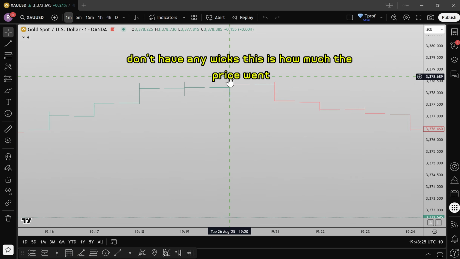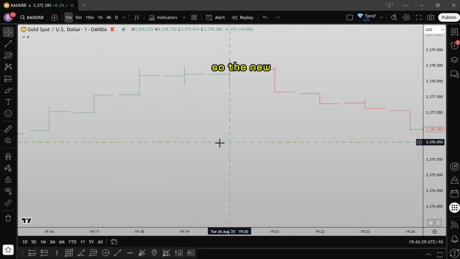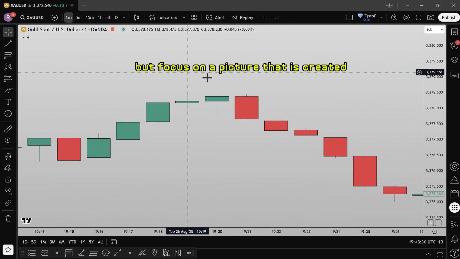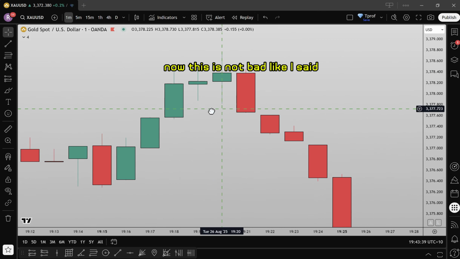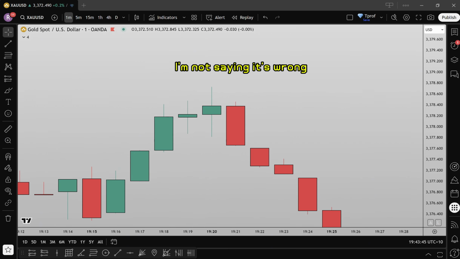Don't have any wicks. This is how much the price went up and this is how much the price went down. The new wick style is forcing us to not focus on the price, but focus on a picture that is created. Now, this is not bad. Like I said, it's a Japanese style and there's so much you can do with it. I'm not saying it's bad, I'm not saying it's wrong.